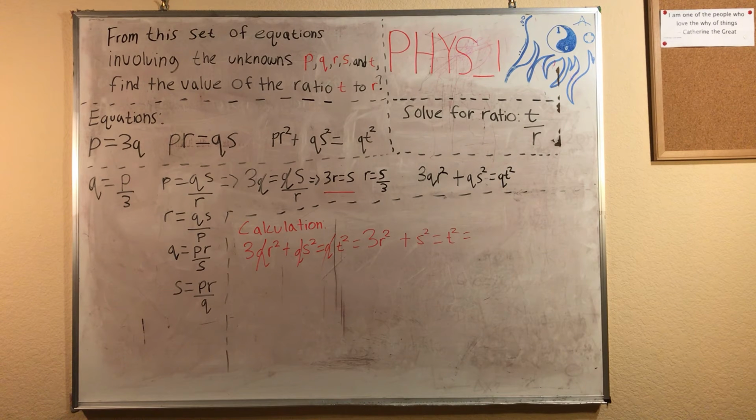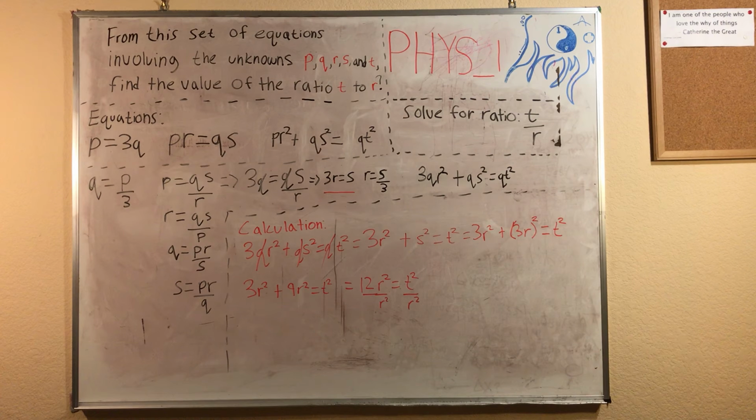Taking our s equals 3r, we can substitute that in to get 3r squared plus 3r total squared equals t squared. Taking the power, we get 3r squared plus now 9r squared equals t squared. Adding the r squares together, we get a total of 12r squared equals t squared.